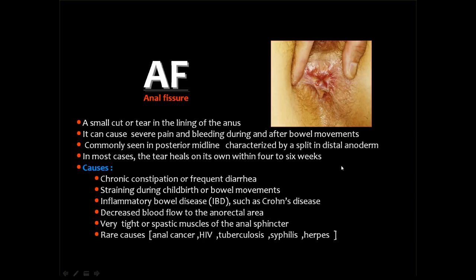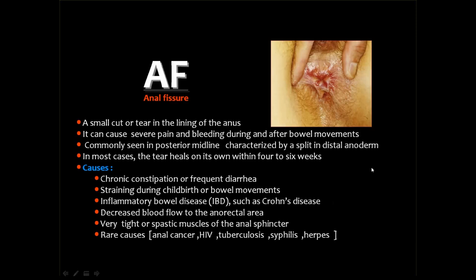Then the most classic site for the anal fissure is exactly posteriorly in the midline, and in most cases the fissure heals spontaneously, but sometimes it may need surgical interference.